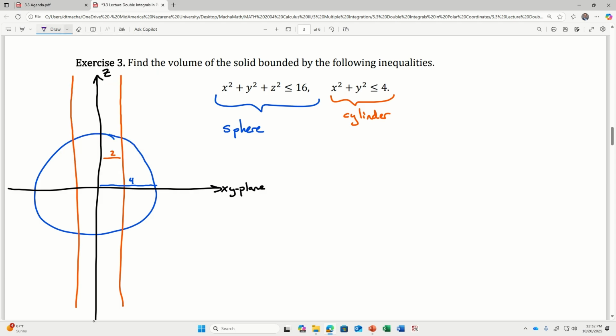So if I want to find this volume, one of the things I could do is try to take a double integral of the square root of 16 minus x squared minus y squared.